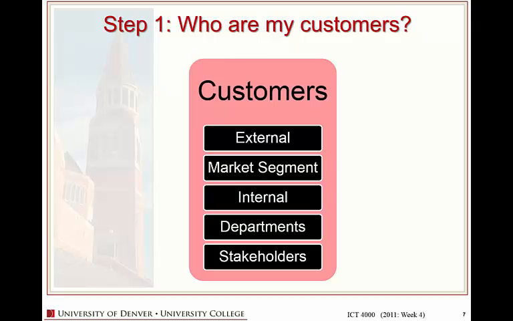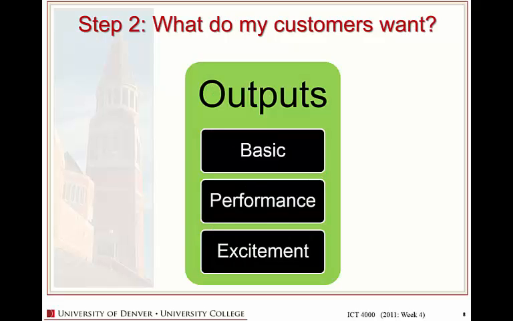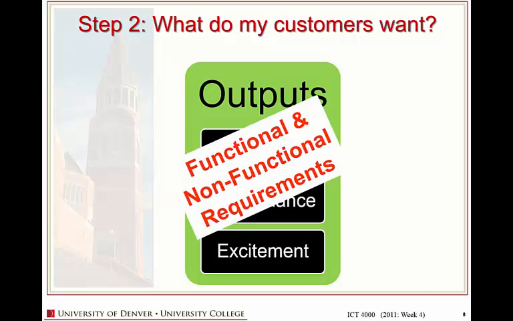First off, we define our customers in developing our supply chain. Then next, we determine what our customers want, and that's the output of our process. There will be basic, performance, and excitement needs, and they have to include both the functional and non-functional requirements.